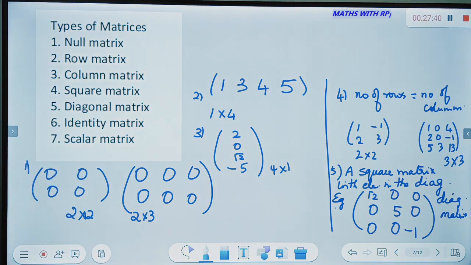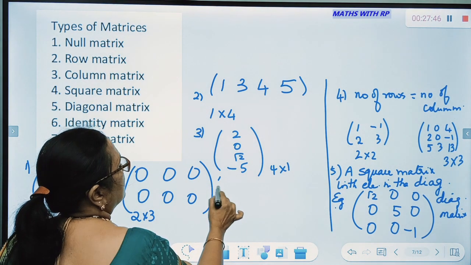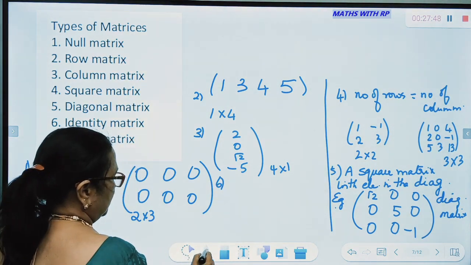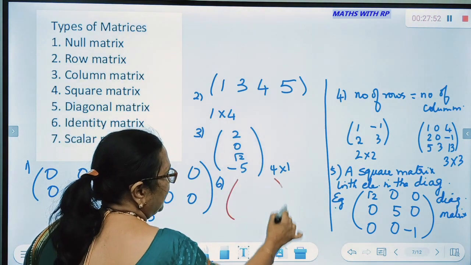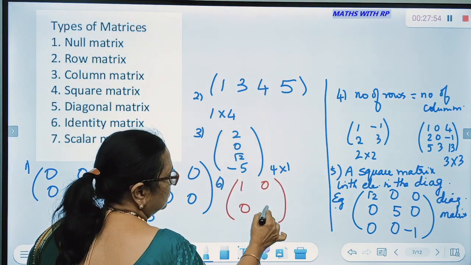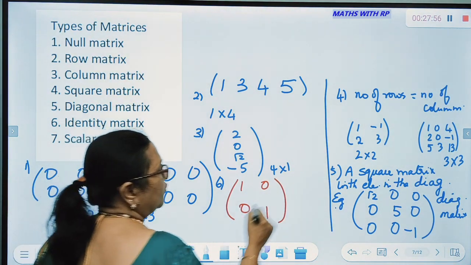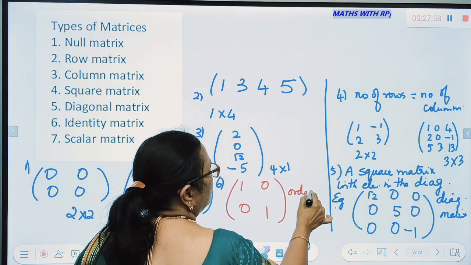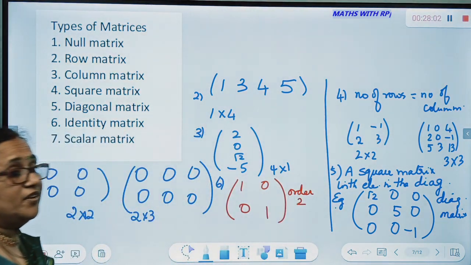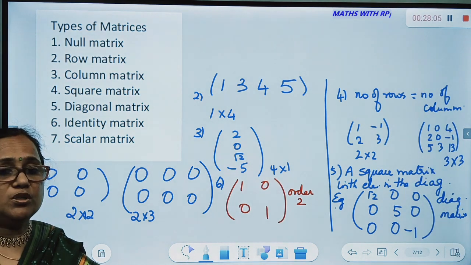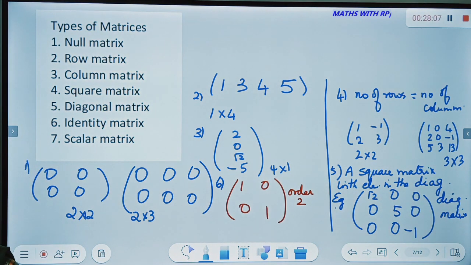Identity matrix means ones along the main diagonal and 0 elsewhere. I'll use a different color. This is an identity matrix. Identity matrix of order, you don't need to say 2 by 2, you can just say 2. Whenever you have a square matrix, it is understood that the number of rows is equal to the number of columns.